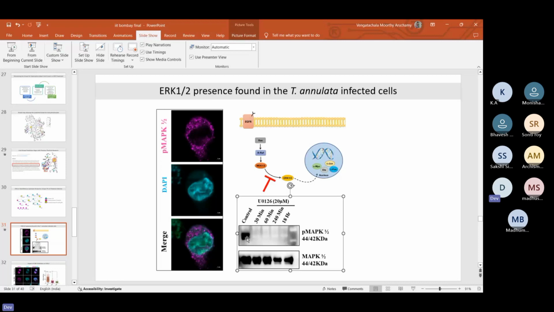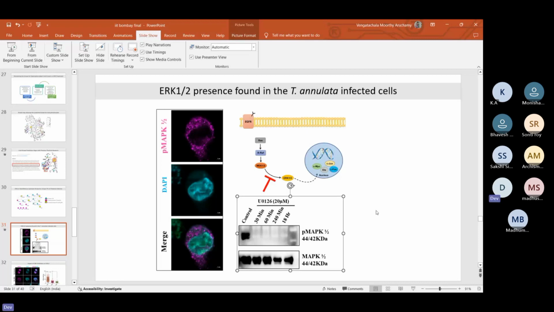You can see that the phosphorylated MAPK is present in the infected samples. Upon treatment, at the beginning of 30 minutes itself, there is a clear reduction in the MAPK expression in the Theileria infected samples. From this experiment, I want to highlight that U0126 can be used at this particular concentration to inhibit the MEK1/2 activity, ultimately leading to ERK1/2 inhibition.